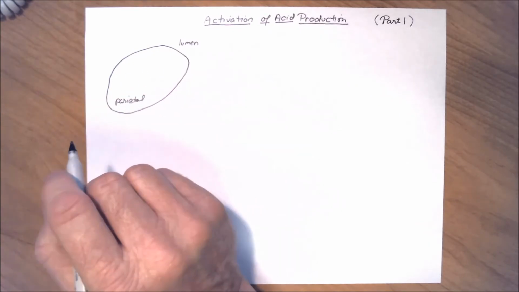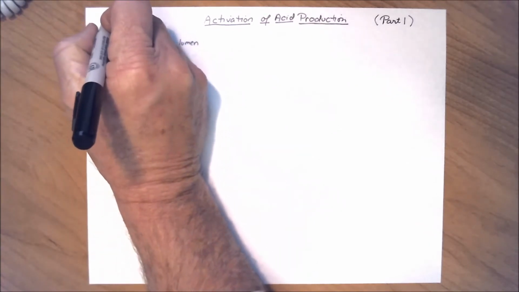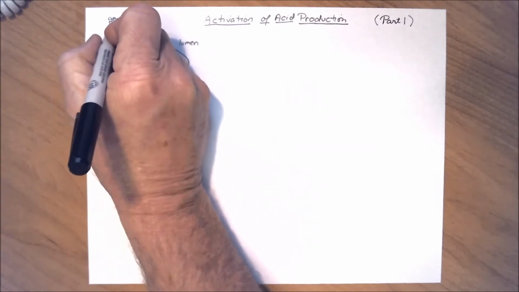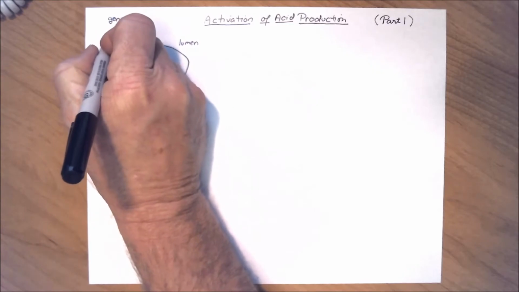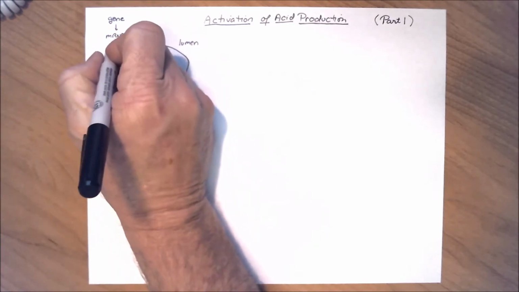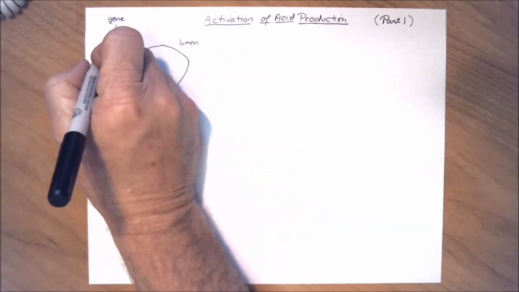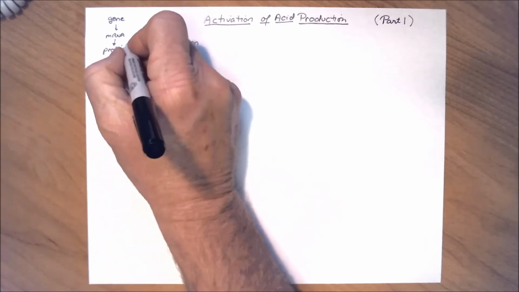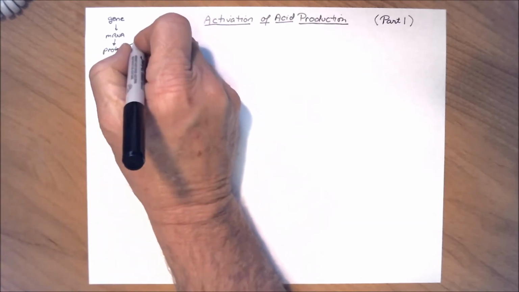We can do de novo synthesis, which means that you could potentially activate a gene to make mRNA, translate that mRNA into protein, and then traffic that protein to the luminal surface.